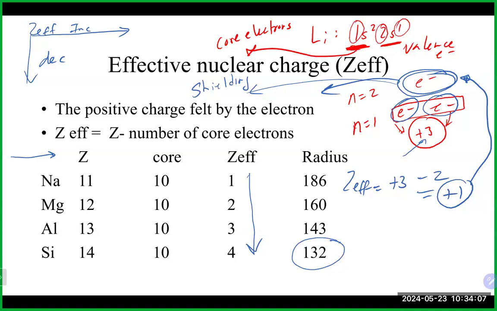That's also what makes everybody get smaller as you go up and to the right. That positive charge just brings everybody, even the outer electrons, in closer to the nucleus. And that's why the overall size decreases as you go to the right and up on the periodic table. Any questions on that?